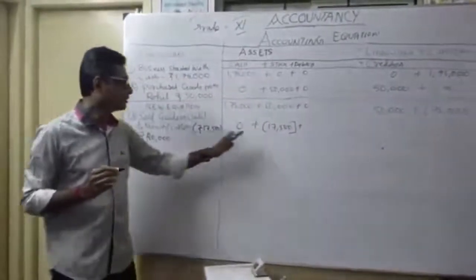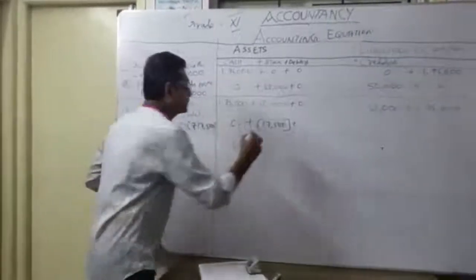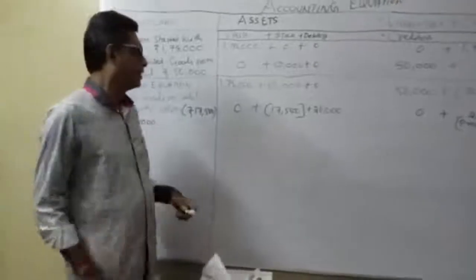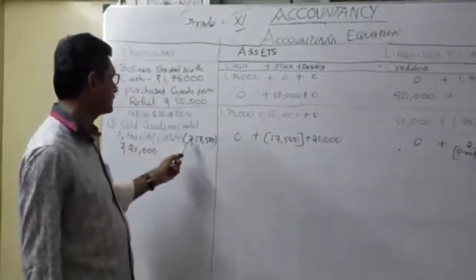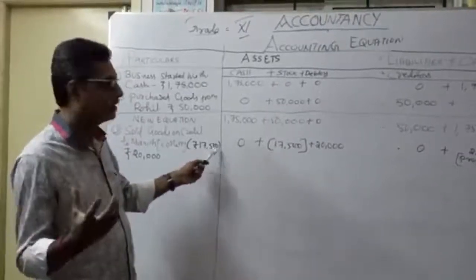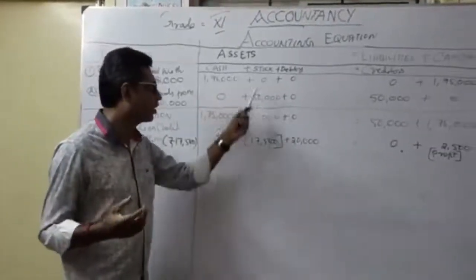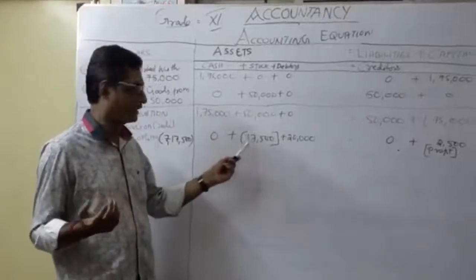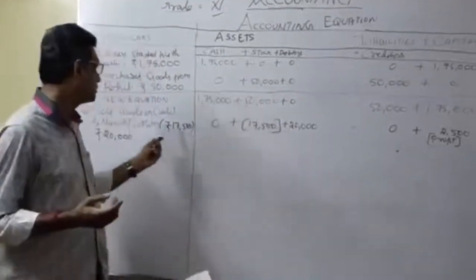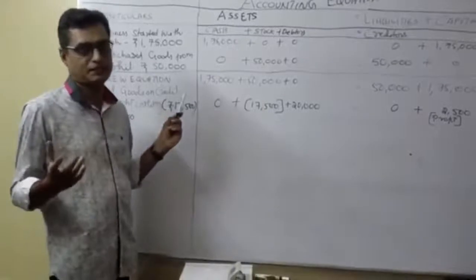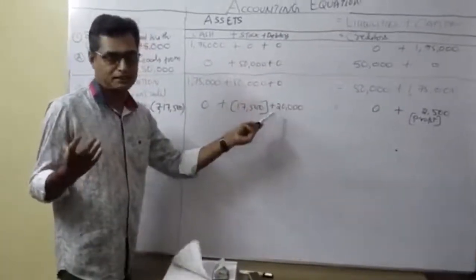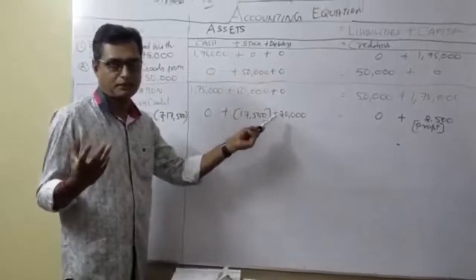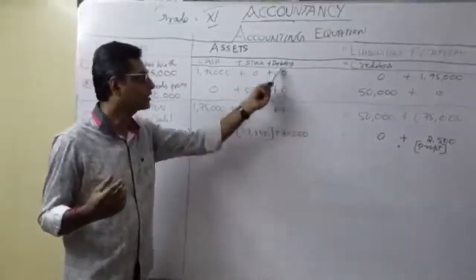So we sold goods on credit, costing 17,500, so it is going to reduce under stock. Within the bracket we write 17,500. Then sold to Manish on credit, that's why debtors, because we are not getting cash immediately. Later on we collect money from Manish. That's why I showed it under debtors.